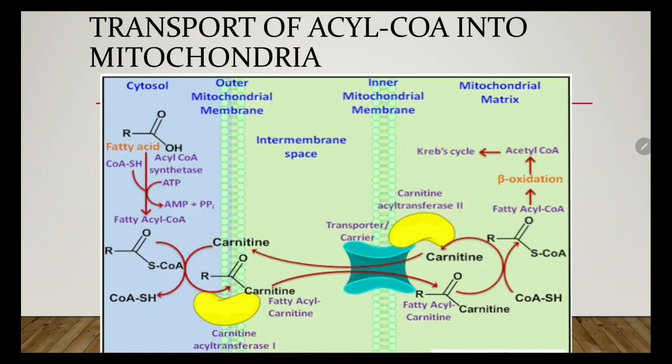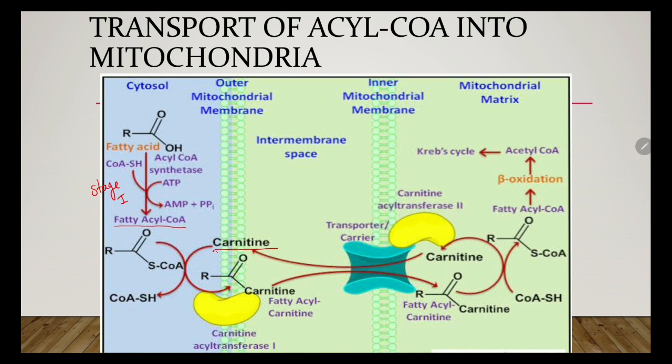Second stage, transport of acyl-CoA into mitochondria. So as you can see, in the cytosol, the stage 1 has occurred and fatty acid has been converted to fatty acyl-CoA. Now this fatty acyl-CoA will combine with carnitine, which comes from the mitochondrial membrane.